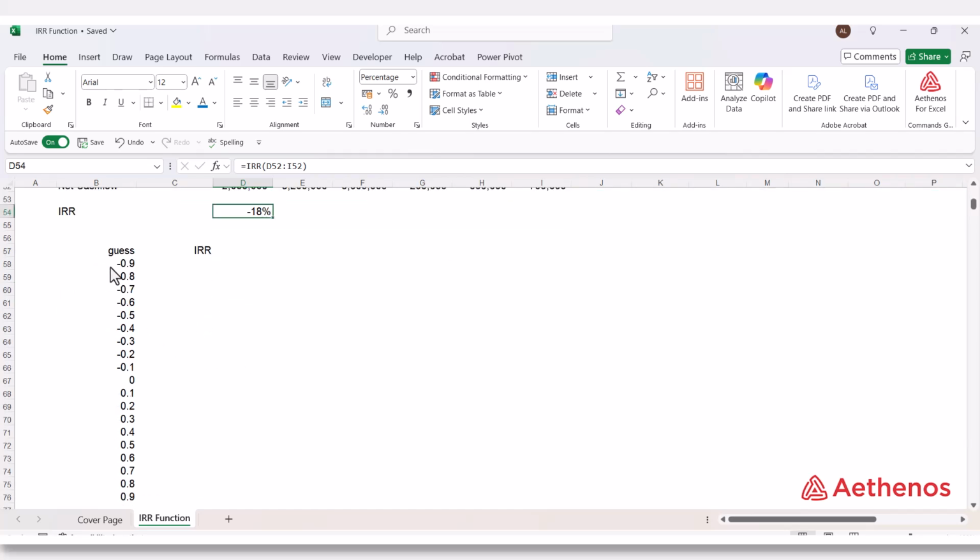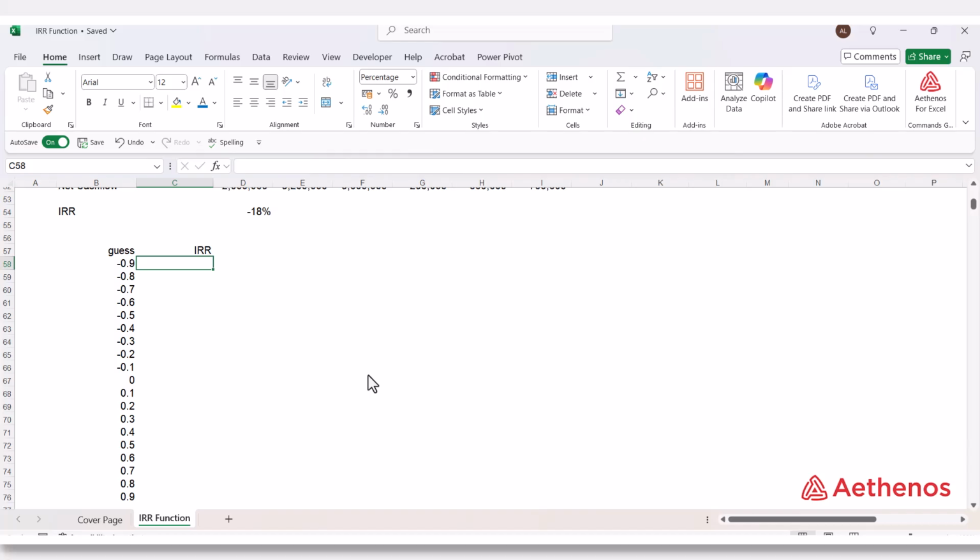We have a range of guesstimates starting from negative 90%, that is minus 0.9, going up to positive 0.9, that means 90%. If we don't give a guesstimate, what IRR uses as an assumption is 10%, or 0.1.